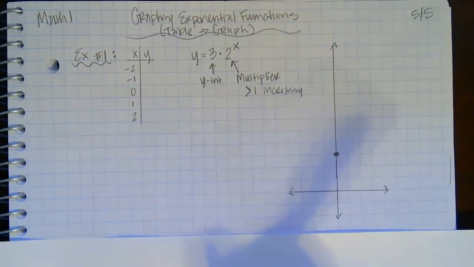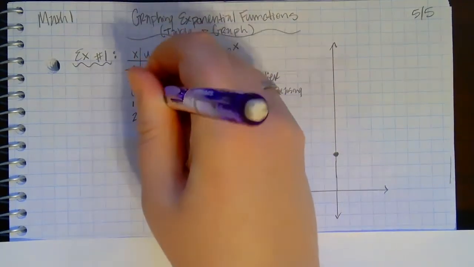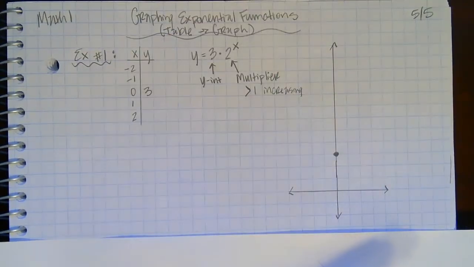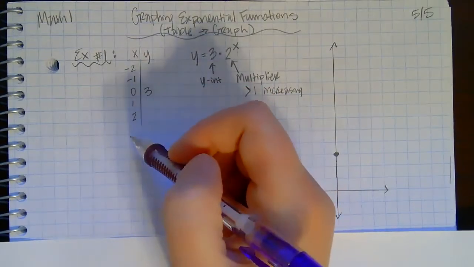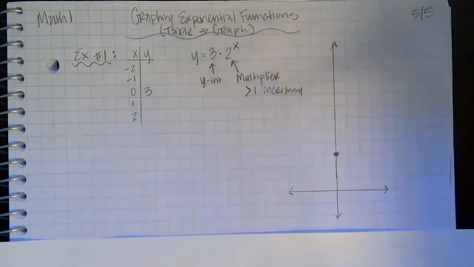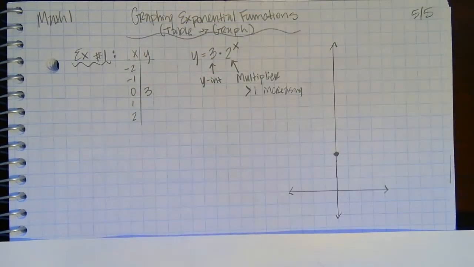We're going to make it a little bit more precise using some numbers, okay? So we already know our y-intercept is 3, so we can put that for 0 right there. So we can read that right off of our equation. And then we're going to substitute these numbers in, and we can use our calculator to help us if we'd like to. It's up to you. I'll show you with the calculator just so I can help you, but I'll also show you by hand, okay?